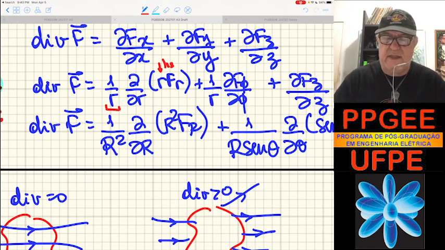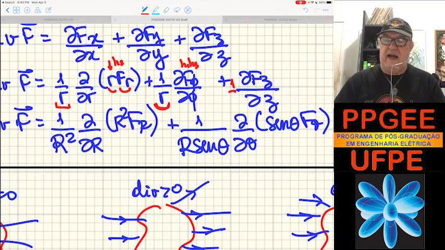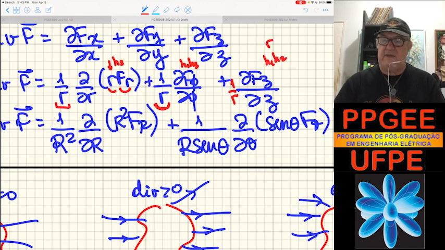So H2 times F_U, F_R. Second component, 1 over R, H1, H3, equals 1. And here is 1 over R, H1, H2 equals R. So this R cancels out this one, okay?